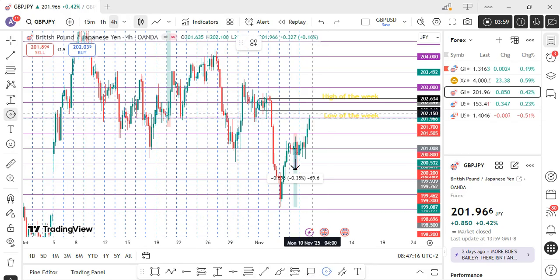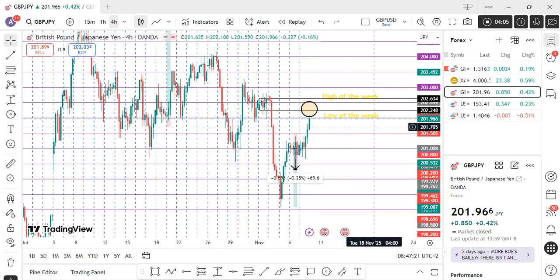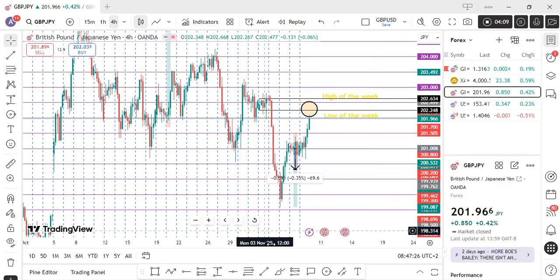I usually use the 4 hour to analyze my trades. As you can see from this level, price was just close to touching this low of the week. Whenever price breaks below, it tends to test back this level and then move back in the original direction, which in this case is a sell.